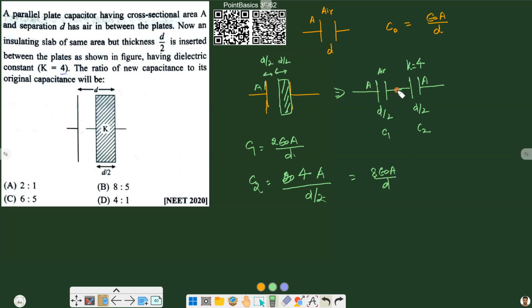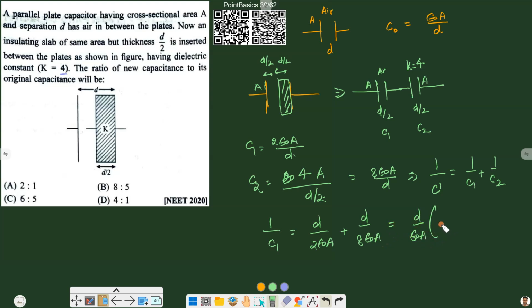Now as both of these capacitors are in series, their final capacitance, say C dash, will be given by 1 by C1 plus 1 by C2. So 1 by C dash is equal to D by 2 epsilon node A plus D by 8 epsilon node A. From this we can take D by epsilon node A common, and it will be 1 by 2 plus 1 by 8.